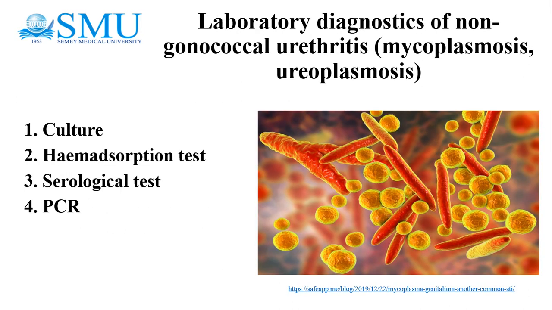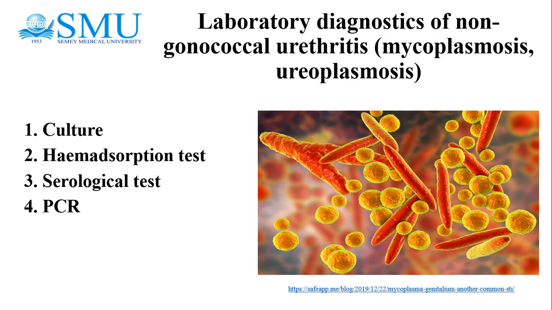The laboratory diagnostic methods of non-gonococcal urethritis are culture method, hemadsorption test, serological test, and PCR. Hemadsorption test: colonies growing on the surface of the agar are flooded with 2 milliliters of a 0.2 to 0.4% suspension of washed guinea pig erythrocytes suspended in Mycoplasma broth media.